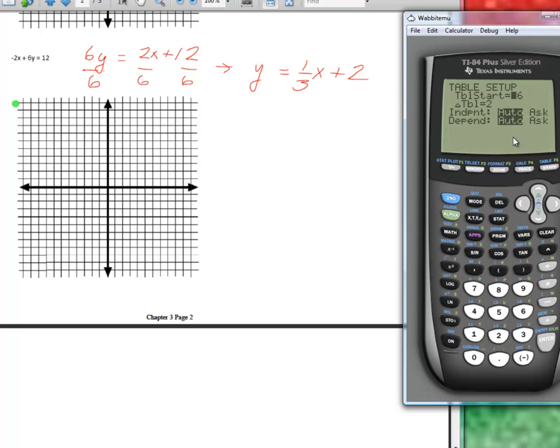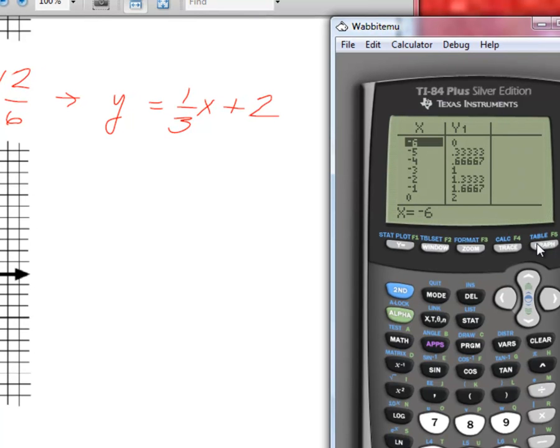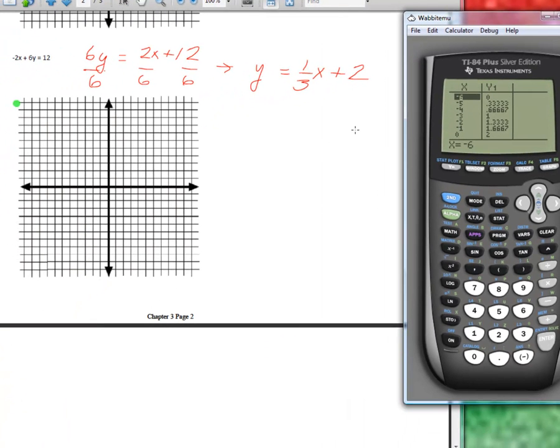And then let's go to the table setup. This time I want my x's to be 1 apart, so I'm going to go ahead and change that. And then when I look at my table, I notice I get some decimals there, which are some of our fractions. But the good thing is I've got 3 nice points with nice integer coordinates, so I'm going to use those to help me graph. You know, go for the easy.